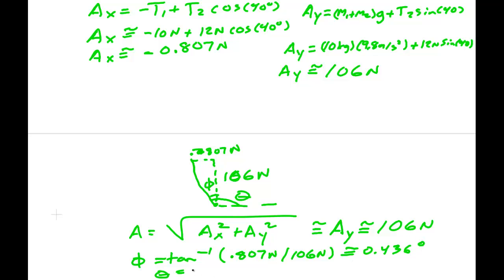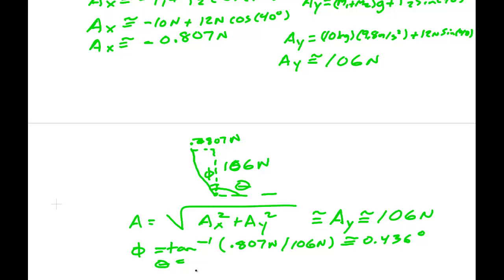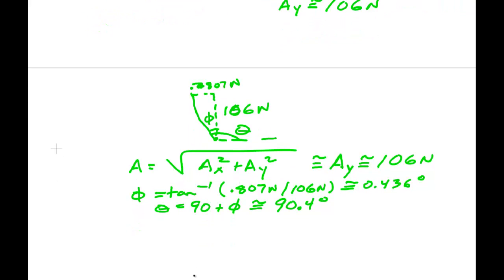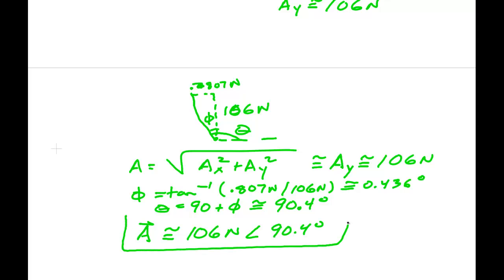So theta is 90 plus phi, so it's about 90.4 degrees. So the axle force is almost straight up. It's 106 newtons at 90.4 degrees. So that's the axle force.